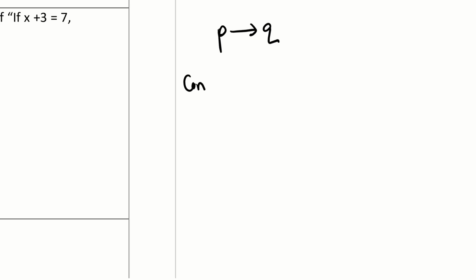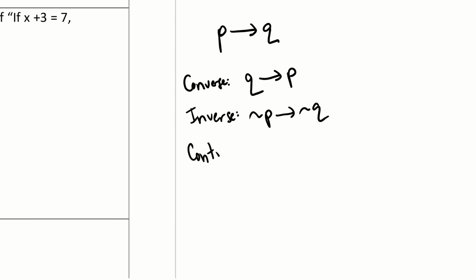The converse is when I switch it. The inverse is when I negate both the P and the Q in the original. The contrapositive is when I do both. I switch and negate. Okay?